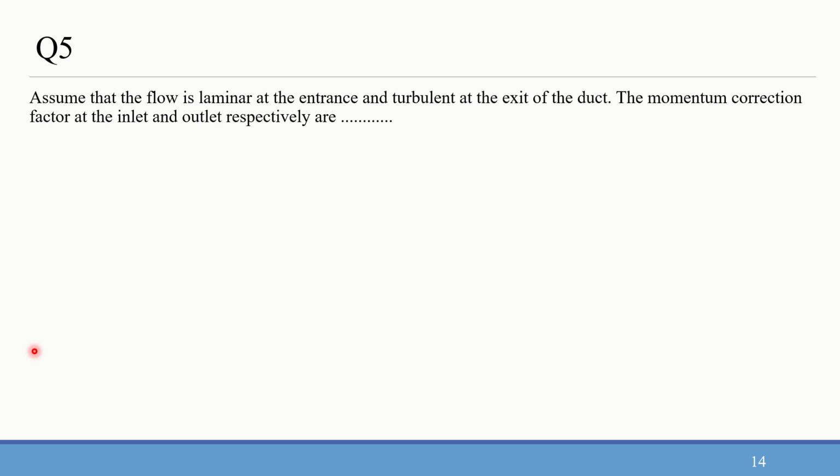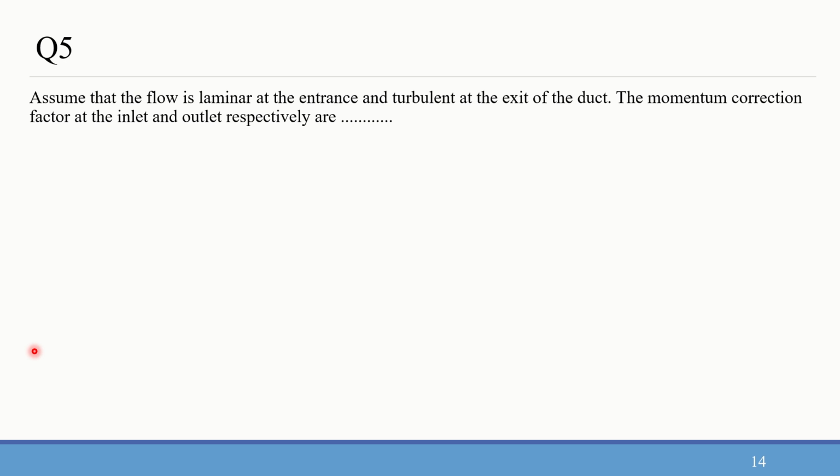So why do we use the momentum correction factor? To account for the non-uniform distribution of velocity in real applications. Theoretically, we assume a uniform velocity field, but in reality, it may not be uniform sometimes. So to account for that, we use the momentum correction factor.